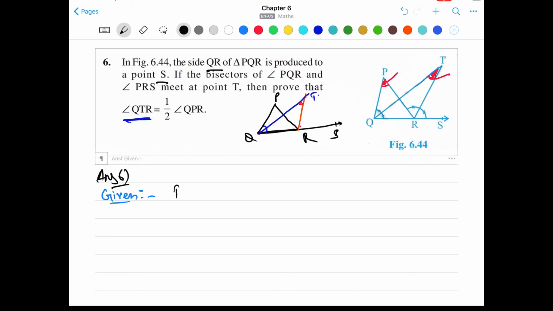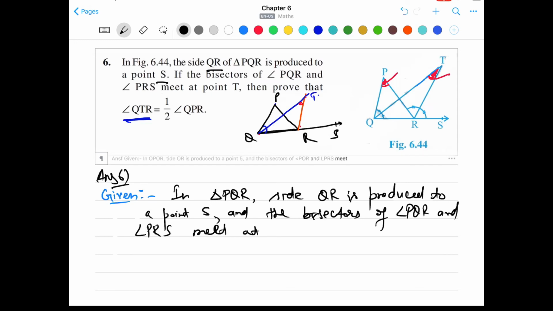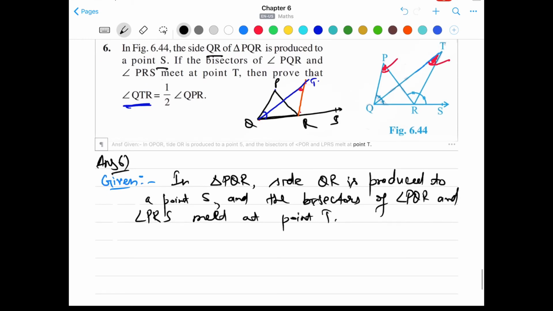Given here is, in triangle PQR, side QR is produced to a point S. Okay, and the bisectors of angle PQR and angle PRS meet at point T.